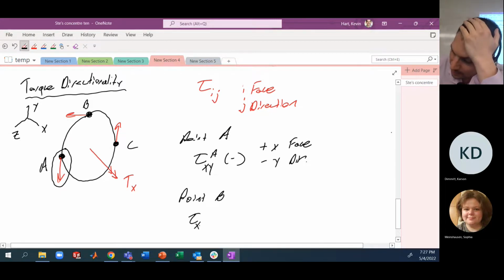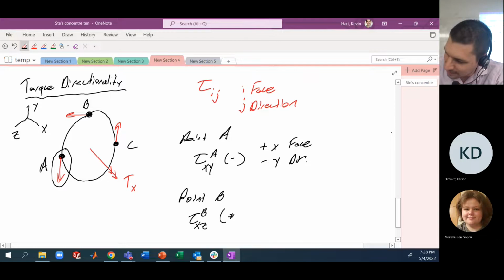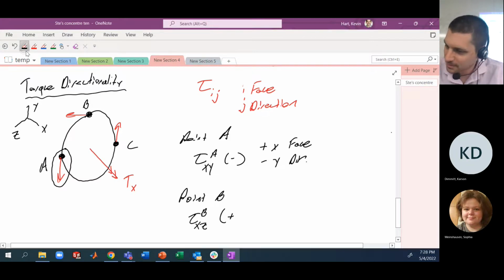Here, tau XZ at B. I know I'm on the X face. What direction are things happening in B? Z direction, okay? And positive or negative? Yeah, this is generally going to be a positive. This is the plus X face and the plus Z direction.